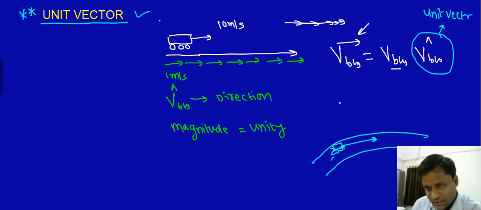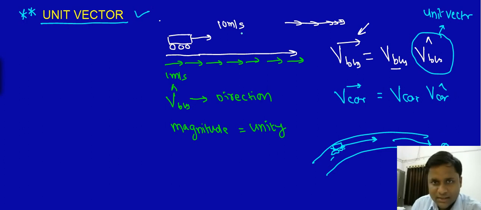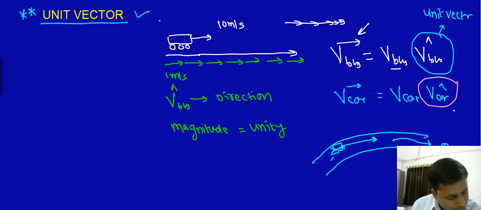The vector v car should be equal to the magnitude of the car velocity multiplied by the unit vector, which is v car cap. So this cap, the unit vector, represents the concept of direction.